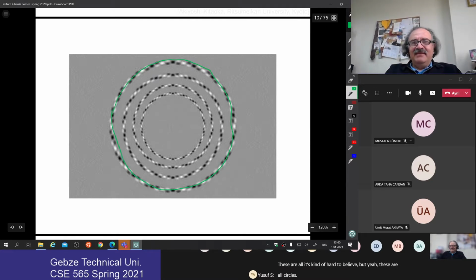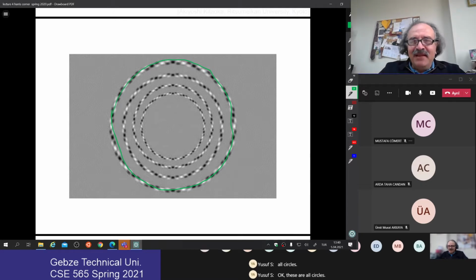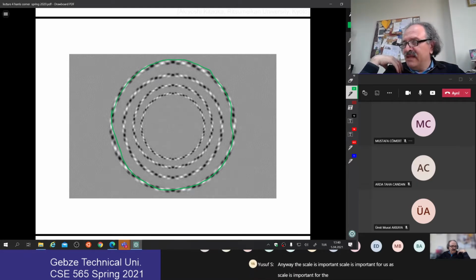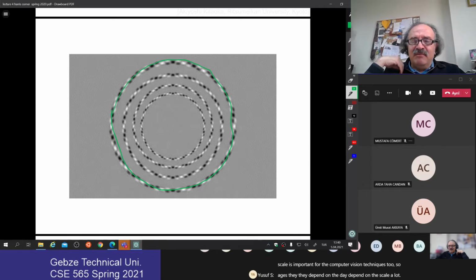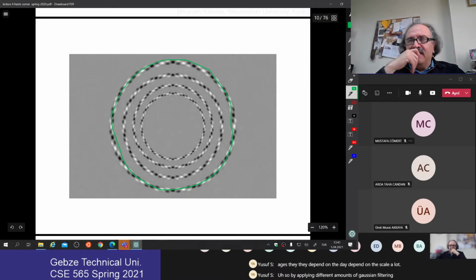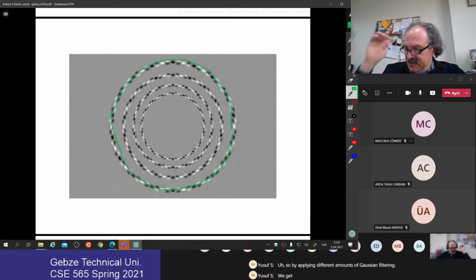Okay, these are all circles. Anyway, the scale is important. Scale is important for us, and scale is important for the computer vision techniques too. So edges, they depend on the scale a lot. By applying different amounts of Gaussian filtering, we get many different results.